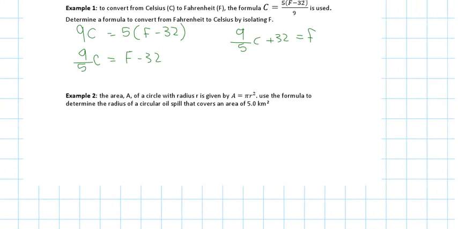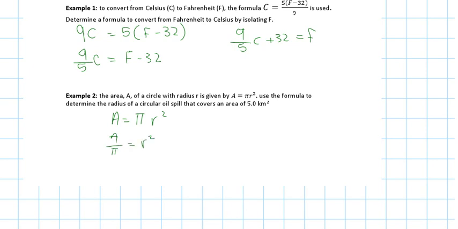How would you isolate for the radius? Divide by pi, and then square root. So if I'm looking for the radius, it's going to be the square root of 5 over pi, right? Because I know that the area is 5.